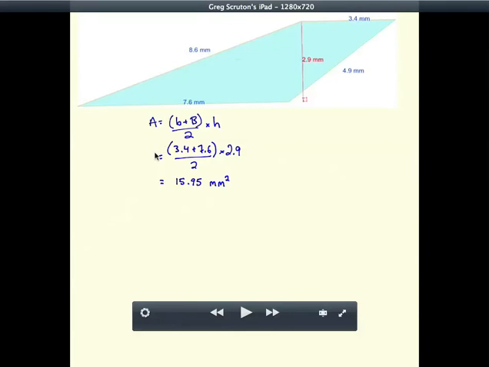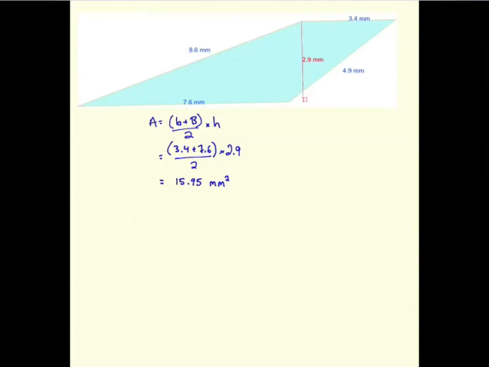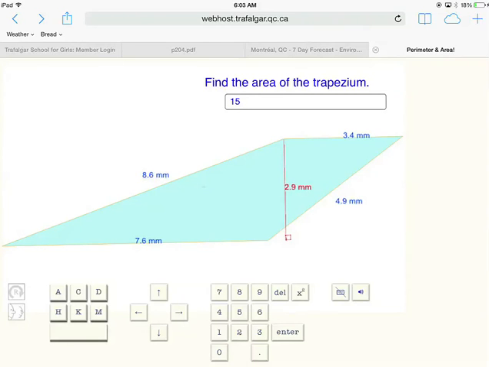Then your second step is to fill in what you know. Third step is calculator. Okay, and fourth step is your answer, making sure you put the right units. All right, let's go put that into our perimeter and area program. So 15.95 space millimeters squared, like that. All right? Yay!